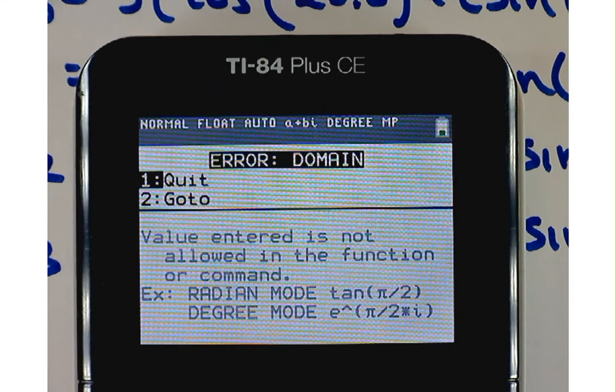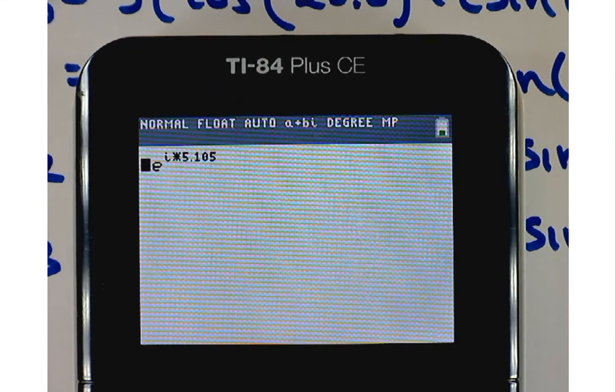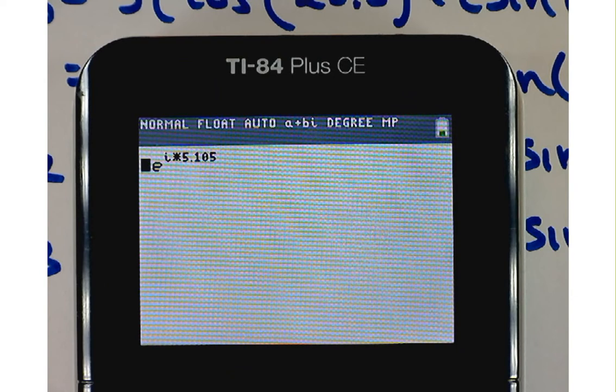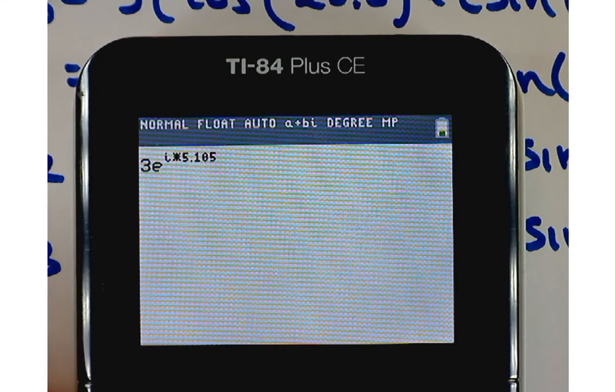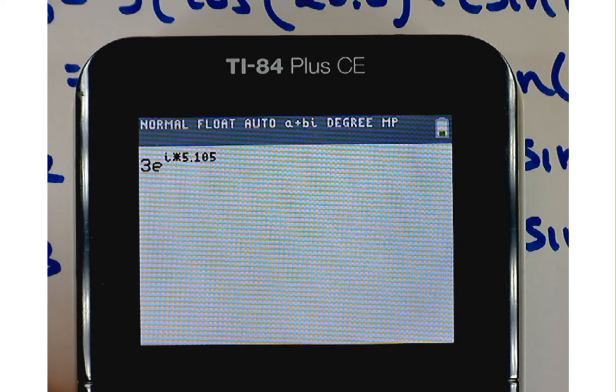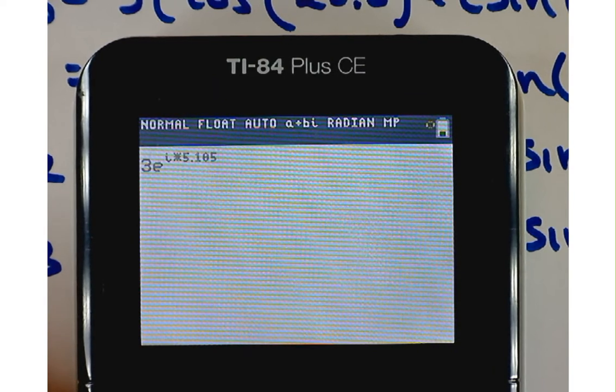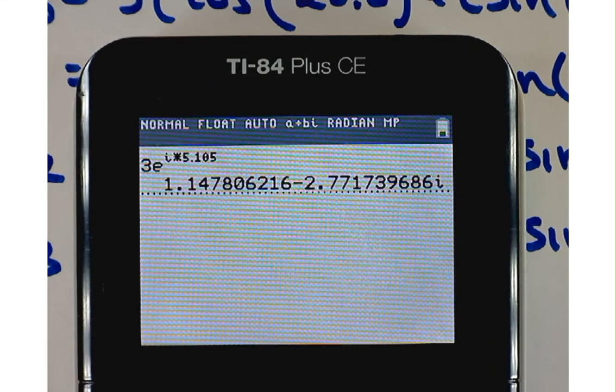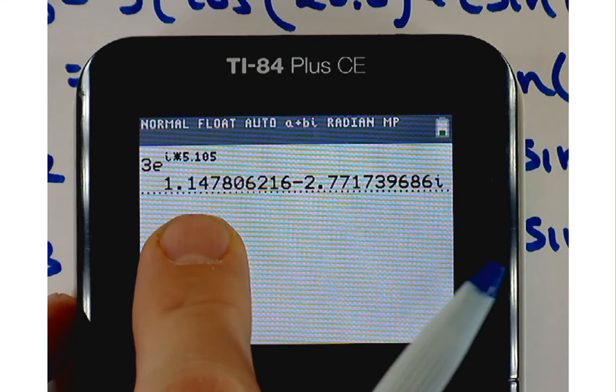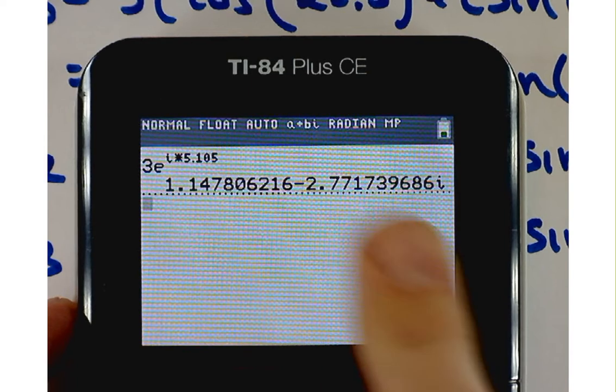What's wrong there? Oh, I'm in degrees. I should be in radians. Let's see, mode. There we go. See, you do have to be in radians. It won't work in degrees. But there's your a, and there's your b times i. Beautiful.